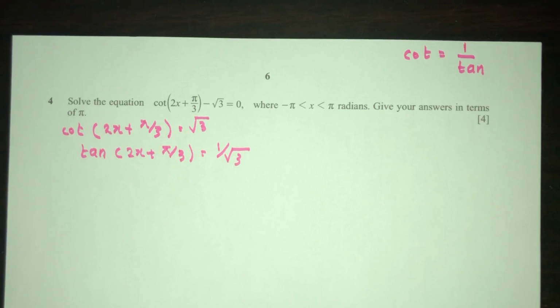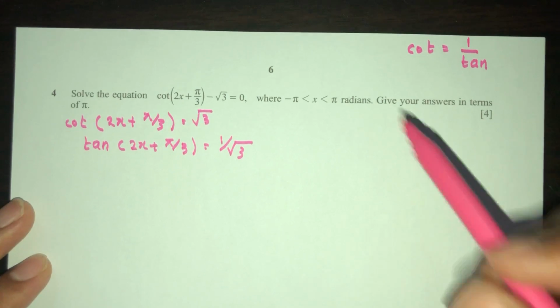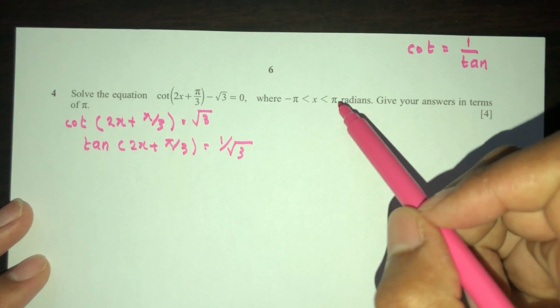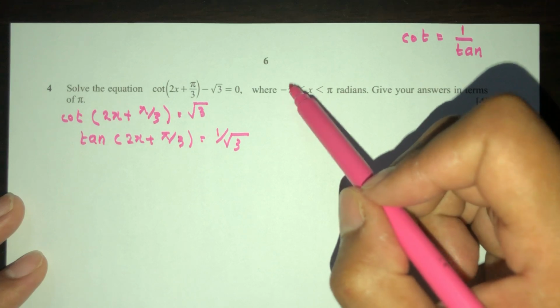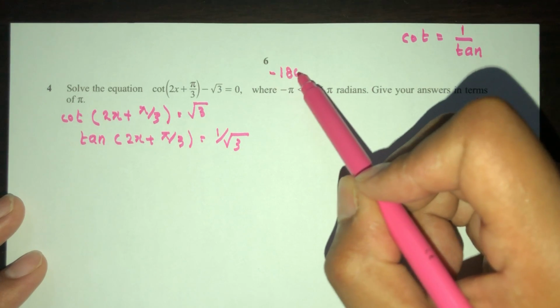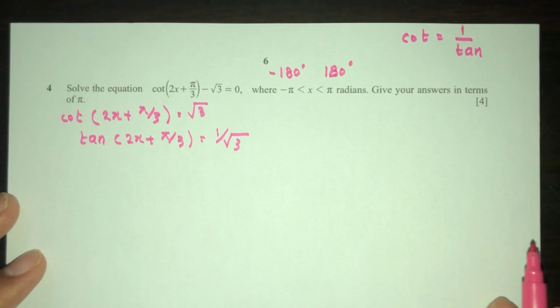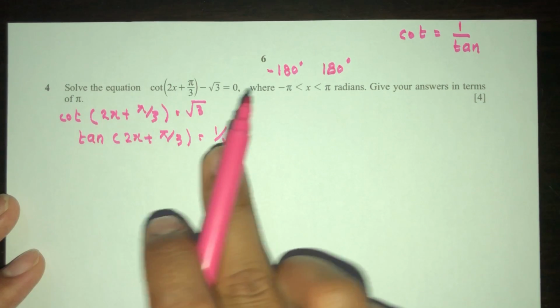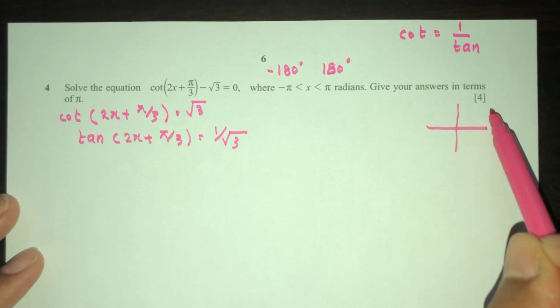Okay, so right now, how are you going to solve this? First thing, we can write this in degrees so we have an idea. What is pi? Pi is actually 180 degrees. Make sense? Right, cool. Now, because tan is equal to a positive value, as we must know by now, we use the quadrants, ASTC.